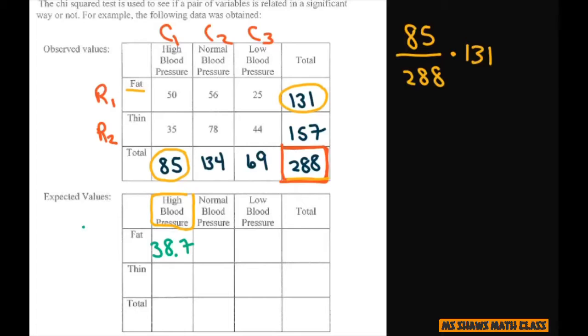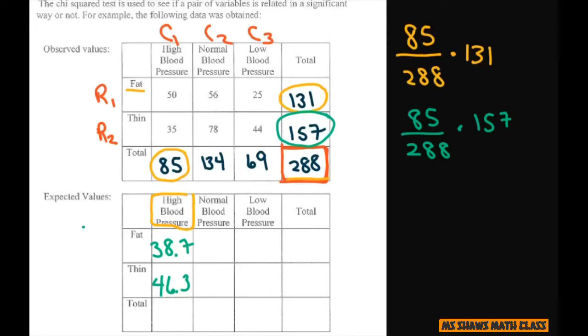All right. Now let's just keep going down. So then to do the thin, you write the same thing, but instead of 131, for thin, you're going to multiply by 157. So it's 85 divided by 288 times 157. And that's going to be approximately 46.3. Now for normal, we're going to use 134.